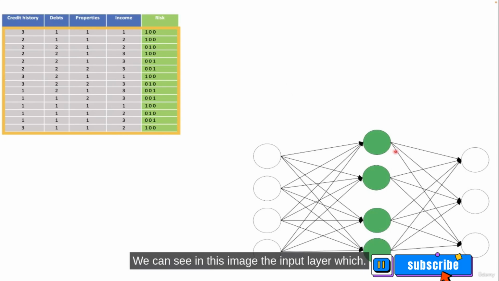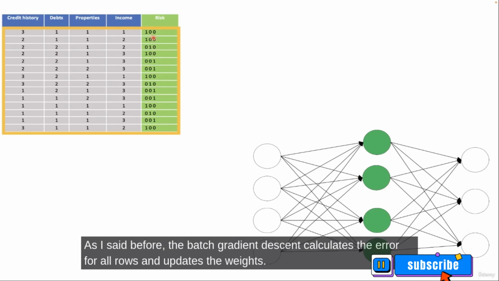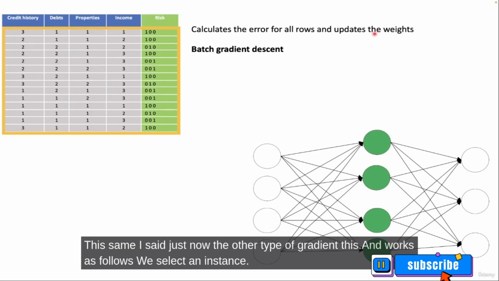We can see in this image the input layer, which corresponds to these attributes, and the output layer composed of 3 neurons, as I said before. The batch gradient descent calculates the error for all rows and updates the weights, the same I said just now.